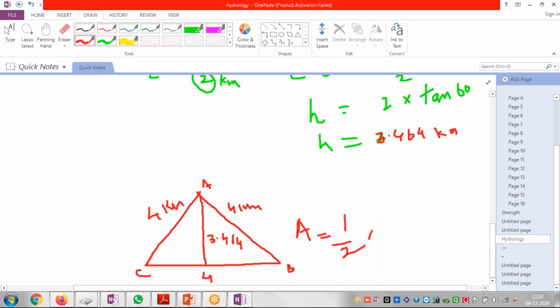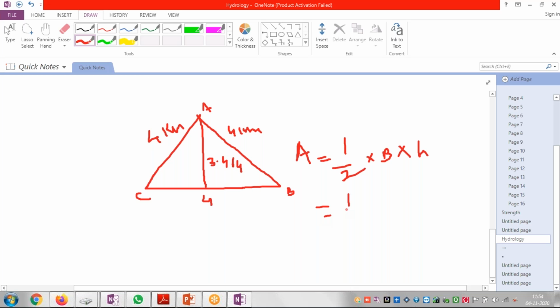Area is half base into height, and the base is 4 kilometer. So half of 4, which is 2, into the height 3.464.